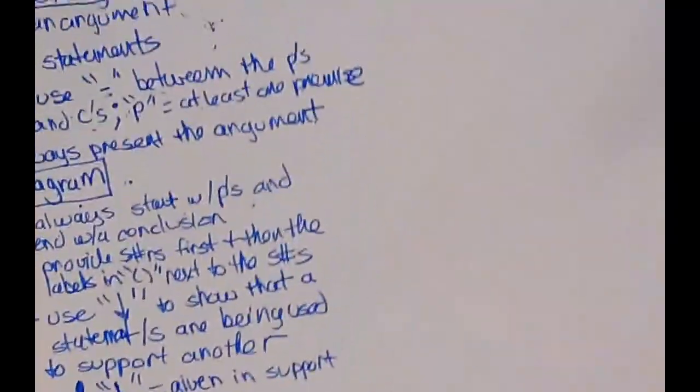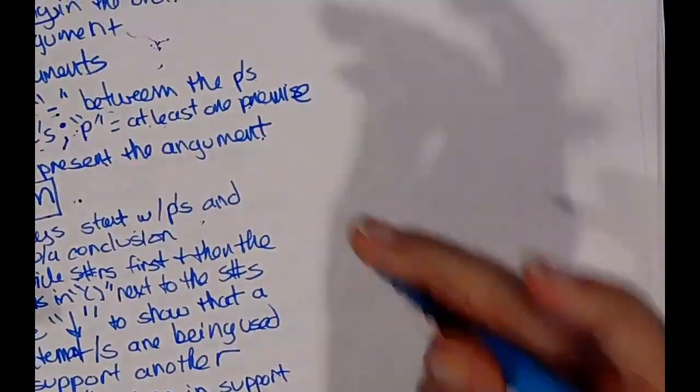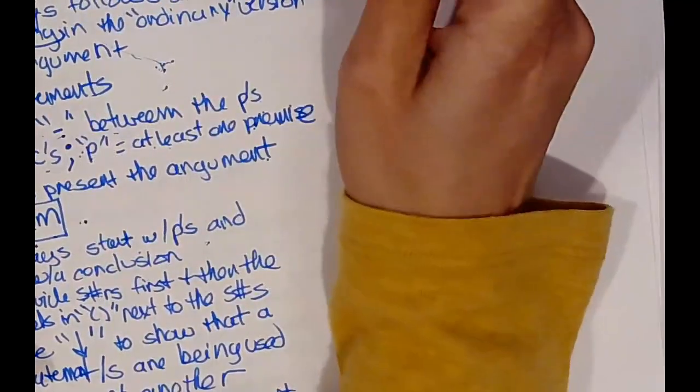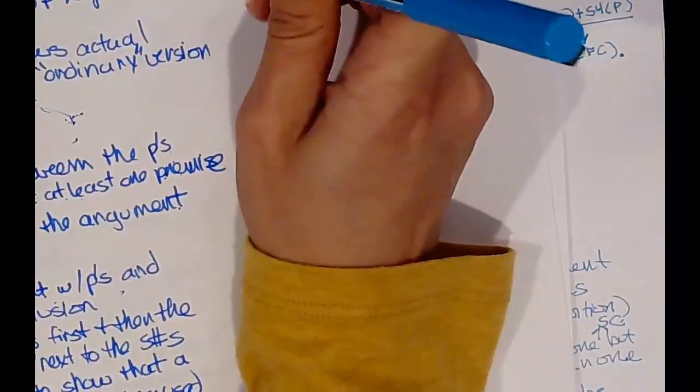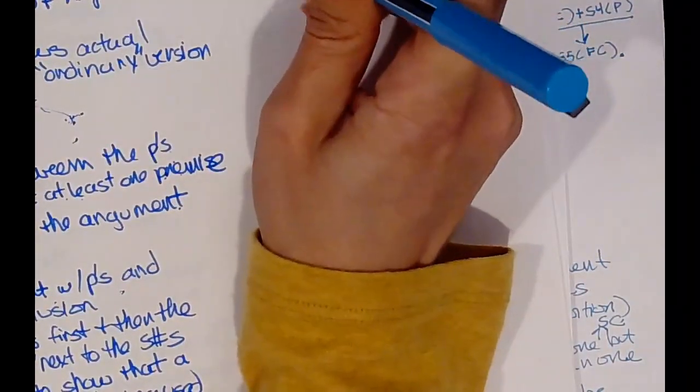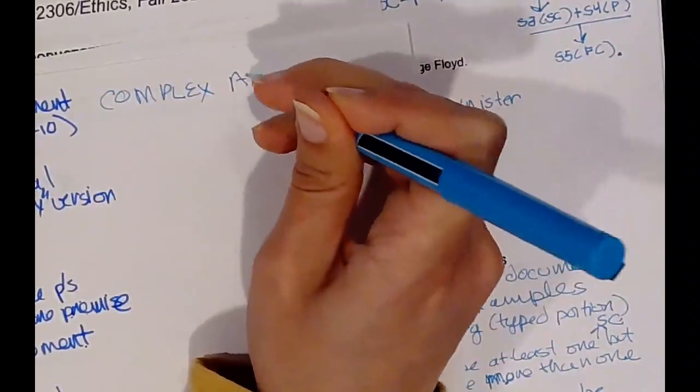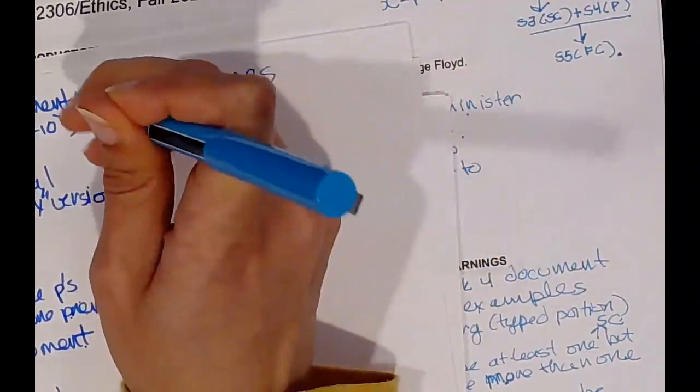Okay, so then we need to go to the pattern right here. Here we just want to add complex arguments. So note about complex arguments, and then we'll do exclamation mark.